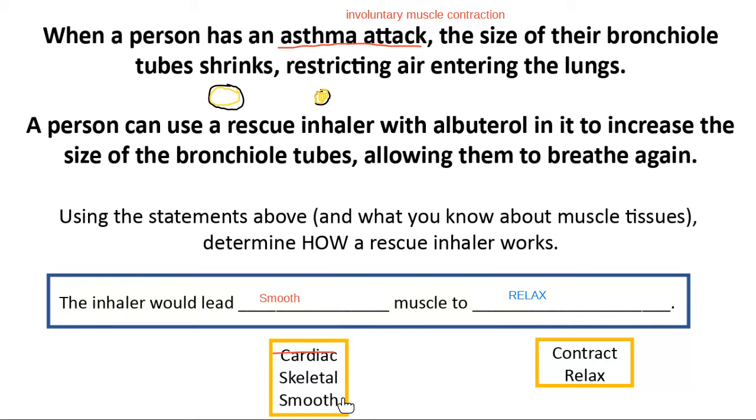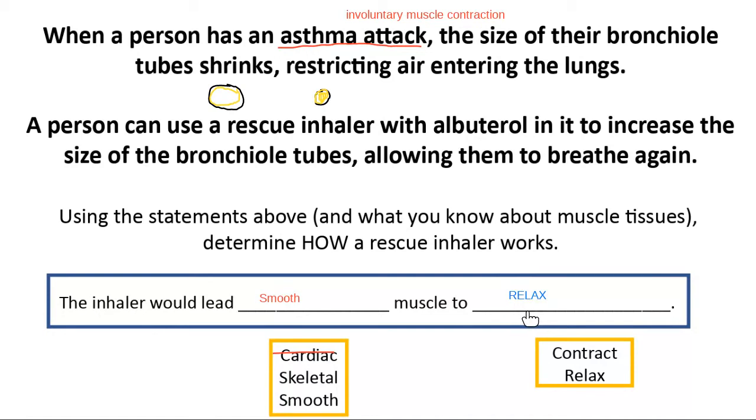So way down in your bronchial tubes, if you remember from lab, we said that smooth muscle, you find it inside hollow organs. The bronchial tubes are hollow airways for air to come inside. Down inside of them, we have smooth muscle tissue. When smooth muscle tissue contracts on its own at the wrong time and too much, we might need some albuterol to relax it, to allow us to be able to breathe.